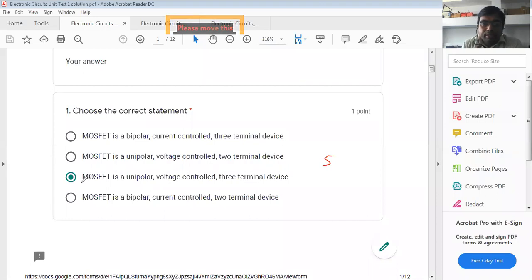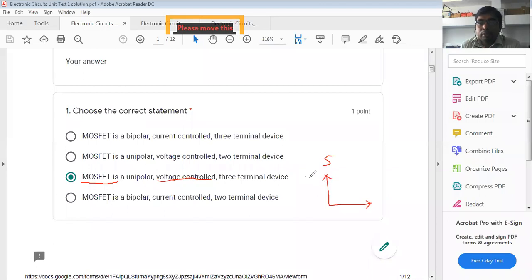MOSFET is nothing but a combination of a MOS device plus a field effect transistor. All the FETs are unipolar in nature, meaning only one kind of charge carrier would be responsible for the flow of current.